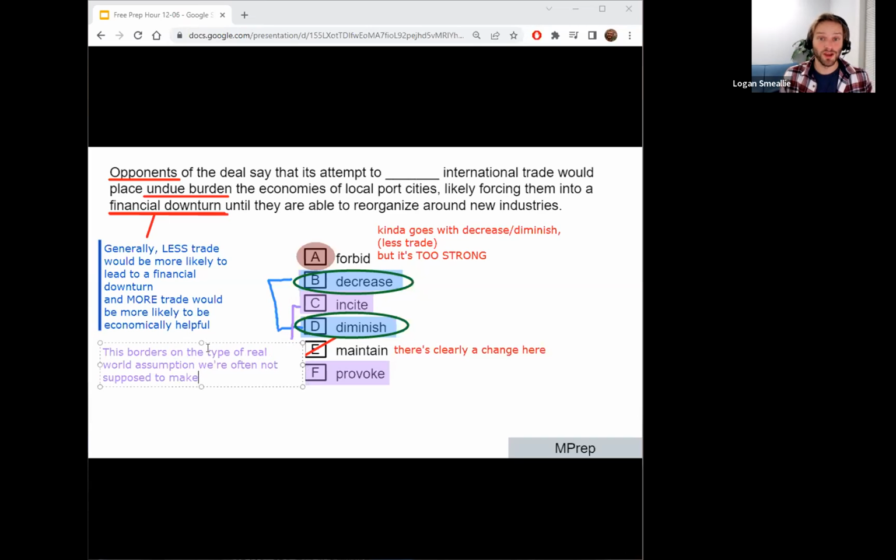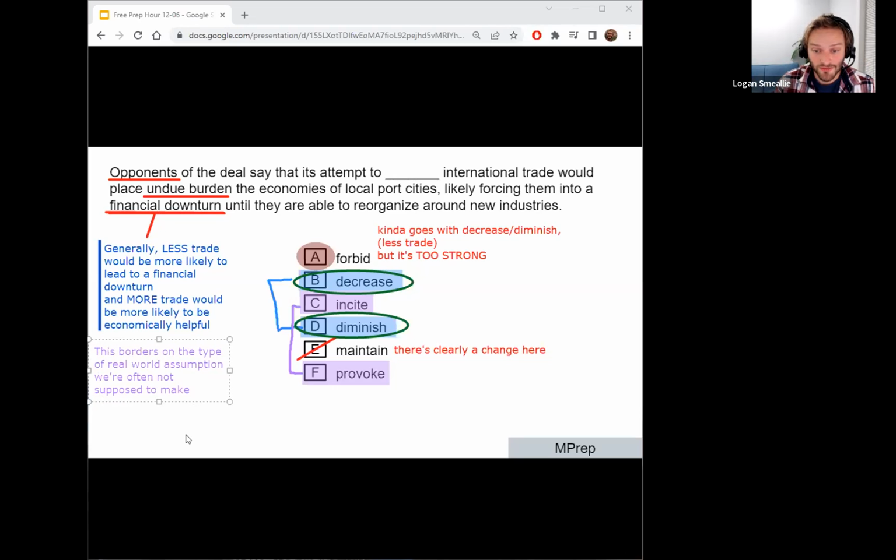It's always a little bit of gray area to figure out exactly how much can we assume, how much background knowledge can we bring in from our real life. The fact that a financial downturn would more likely come from decreasing international trade seems likely to me, but hard to say so for sure, because, for example, it could be a city that relies more on local trade, not on international. So there could be definitely examples where it's not the case.